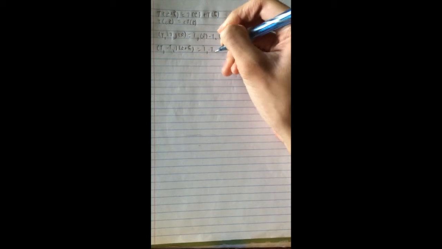Let's start by proving the additive property of T1 minus T2. So that would mean that T1 minus T2 of A plus B has to equal T1 minus T2 of A plus T1 minus T2 of B.